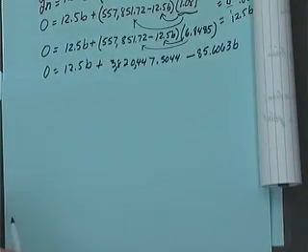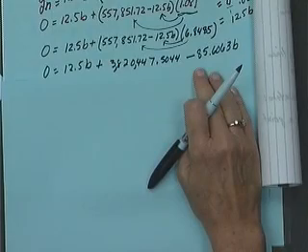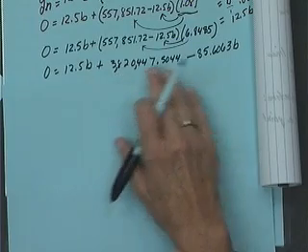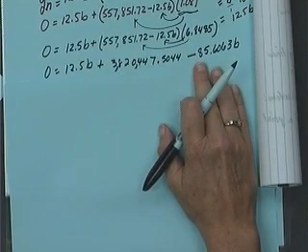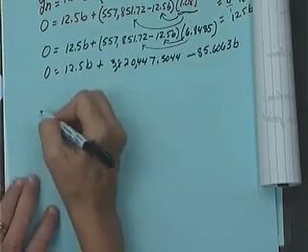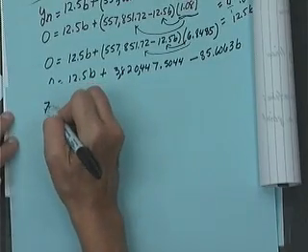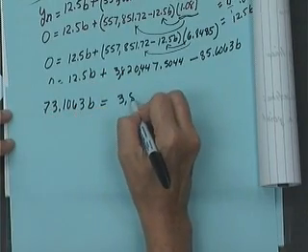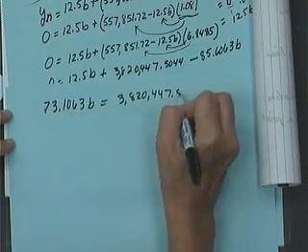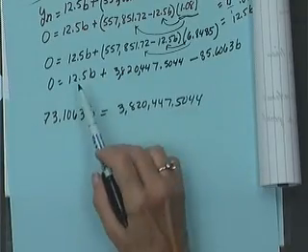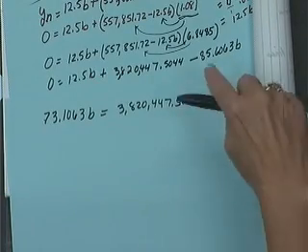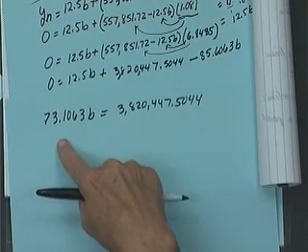I'm going to say the 12.5, and I'm going to subtract from that 85.6063 and carry it over to the left, and that will be 73.1063b equals 3,820,447.5044. So I said 12.5b minus the 85 gave me a negative 73, etc., with the b, added it to both sides.